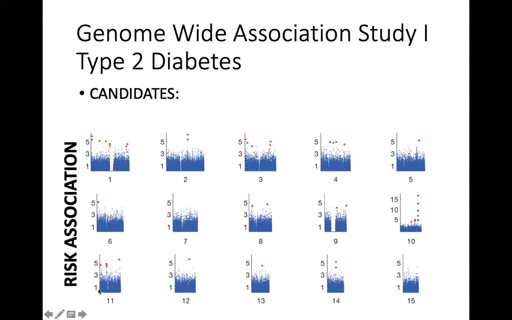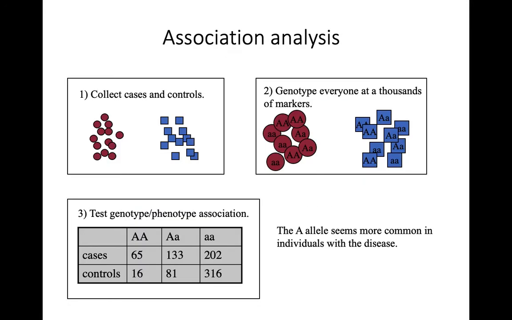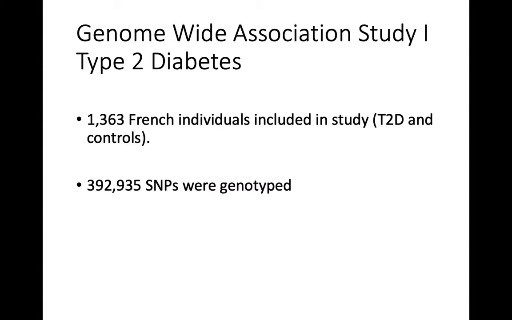What I show on the y-axis here is the fold increased risk associated with different variants at different regions of the genome. In red are ones that are statistically significant using the statistical approach that I described earlier, either a chi-square test or a Fisher's exact test.